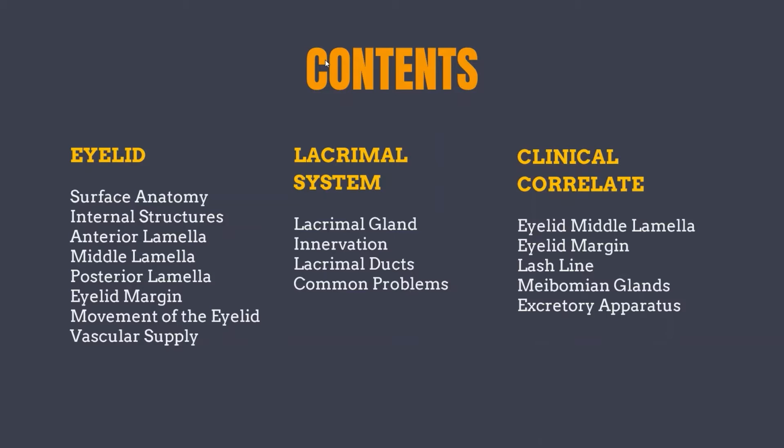For the lacrimal system, we have the lacrimal gland, its innervation, the lacrimal ducts, and the common problems. For the clinical correlates, we have the eyelid middle lamella, the eyelid margin, the lash line, the meibomian glands, and the excretory apparatus.